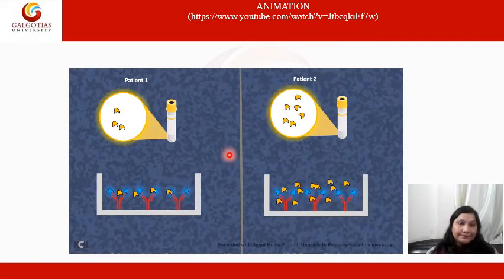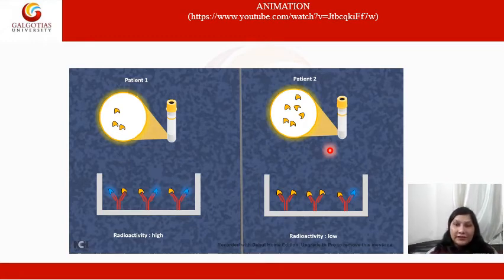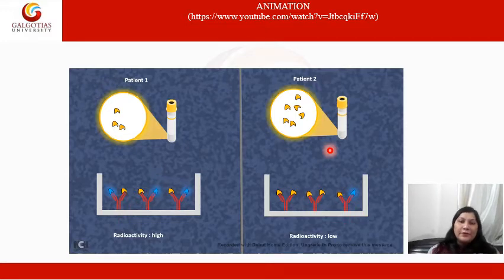You can see here, suppose patient 1 has a smaller number of antigens, so there will be less decrease in the radioactivity of the microtiter plate, and patient 2 has more antigens, so there will be more decrease in the radioactivity of the microtiter plate. So in this way, we can quantify the concentration of a particular antigen present in a serum or blood sample, or hormone or bacteria in a biological sample.